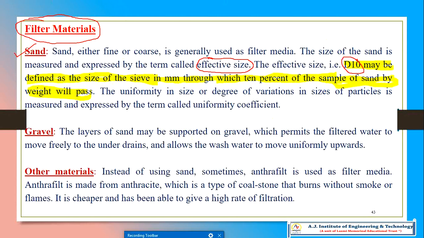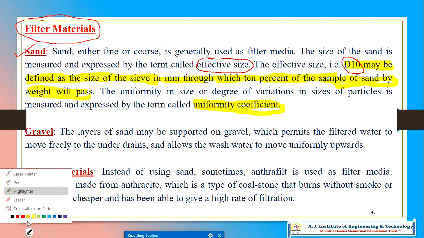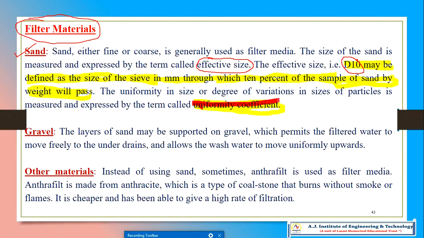The uniformity of size, or degree of variation in the size of the particles, is measured and expressed in terms of what is called the uniformity coefficient. Everyone is aware of that? Uniformity coefficient is a very important term.